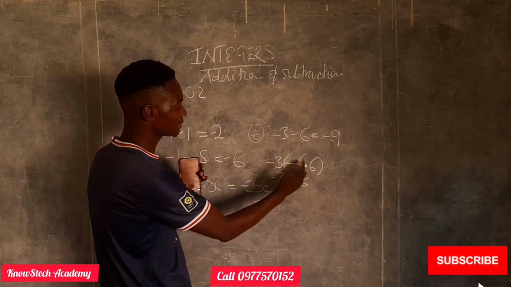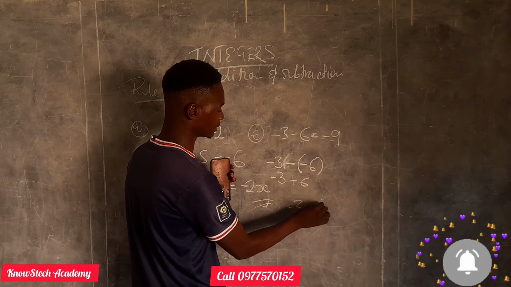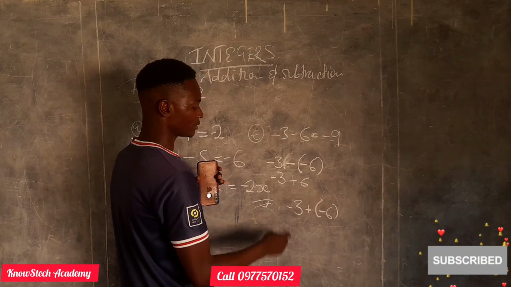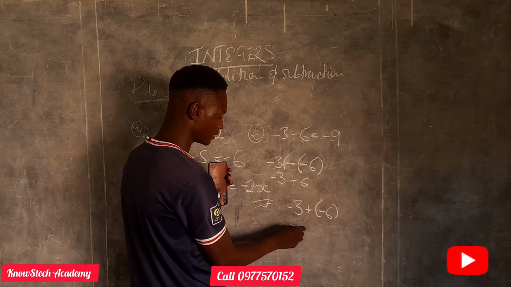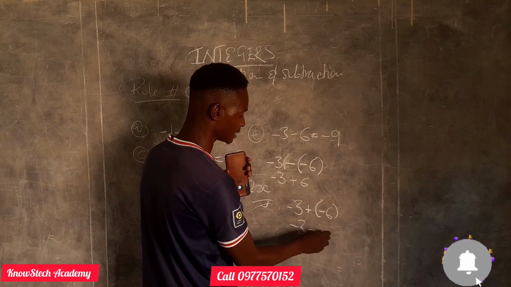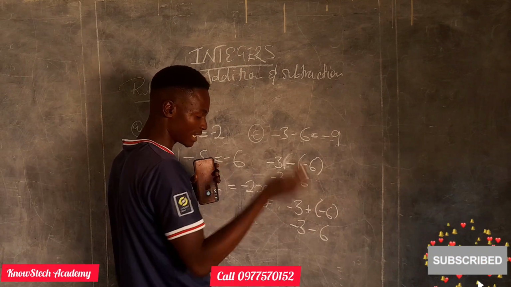When you have negative here, let's say you have -3 minus or plus -6. Do the same. Positive times negative, you have -3 here. Positive times negative is always negative, or negative times positive is always negative.